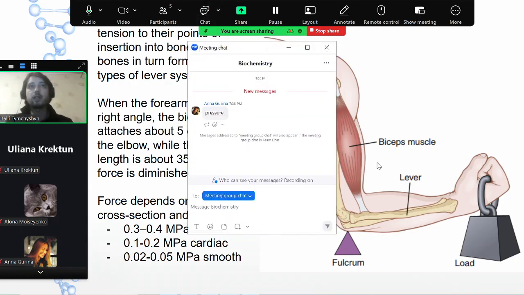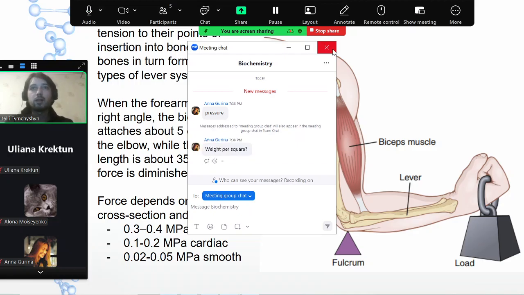Yes, absolutely correct. In pascals, we measure pressure. And what is pressure? If you think about units of pressure, what are they in essence? Well, yes, that's newtons per square meter. So we have force divided by a certain area, and that's basically pressure.